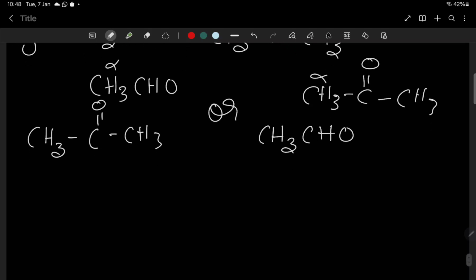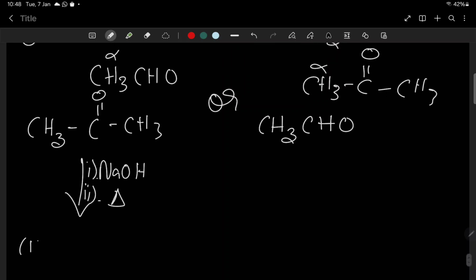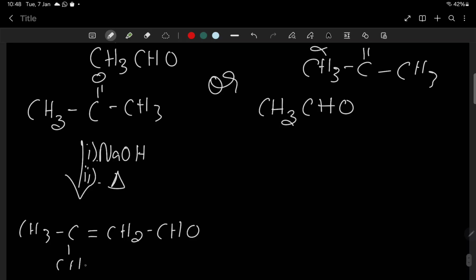So there are two possibilities, and both can happen. Here I am doing both steps together, condensation plus removal of water. We get CH3 C double bond CH2 CHO, here CH3. This is the compound we get here.